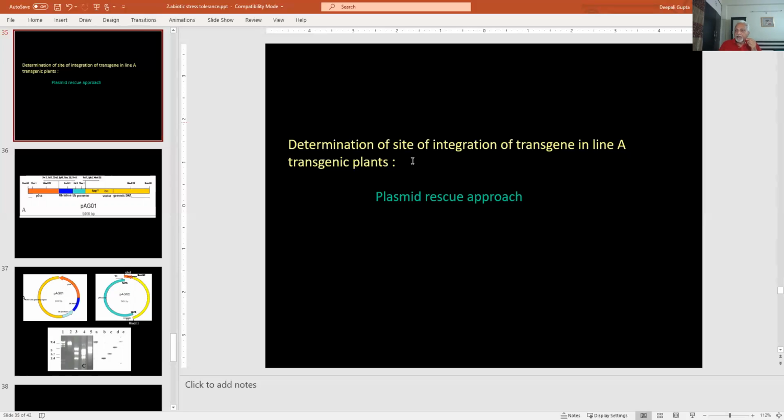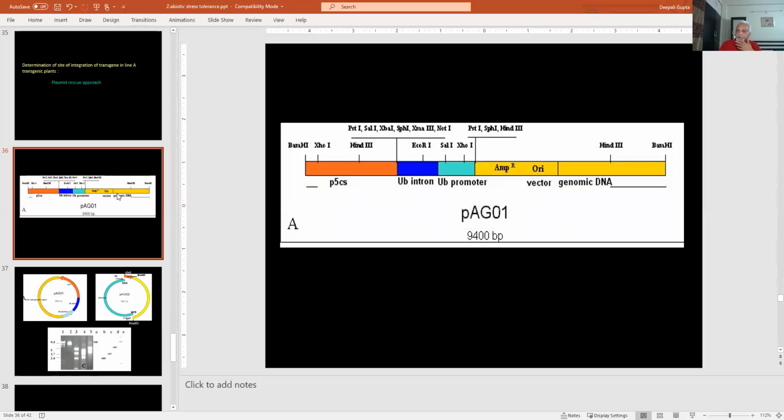That is being determined by the plasmid rescue approach. So what is this plasmid rescue approach? The plasmid gets nicked in between, becomes linear and then gets integrated into the genome. So what is done? We try to rescue this plasmid out by cutting it with an enzyme.